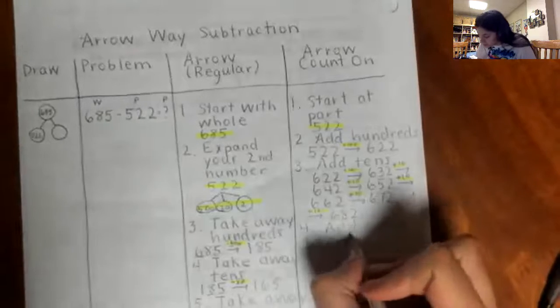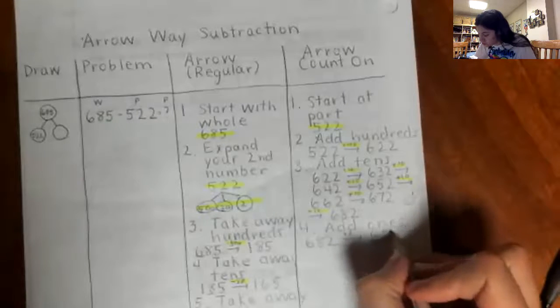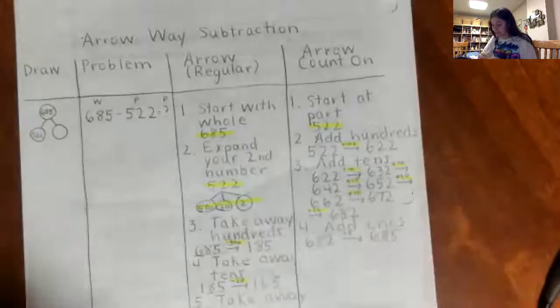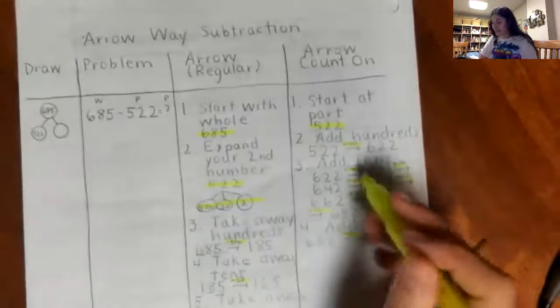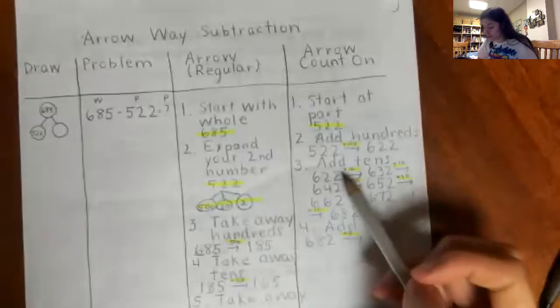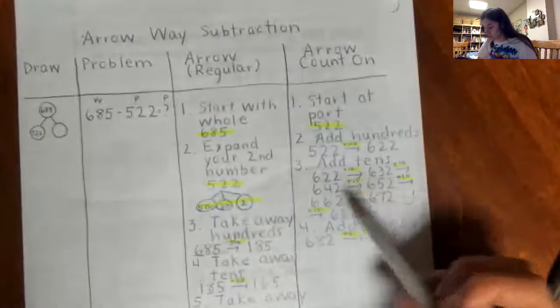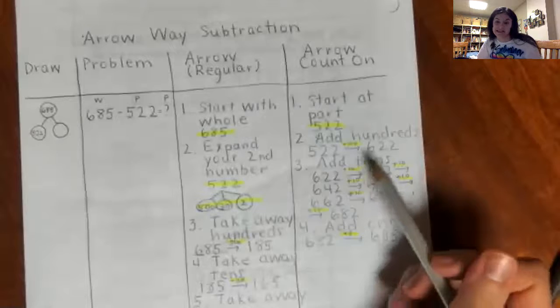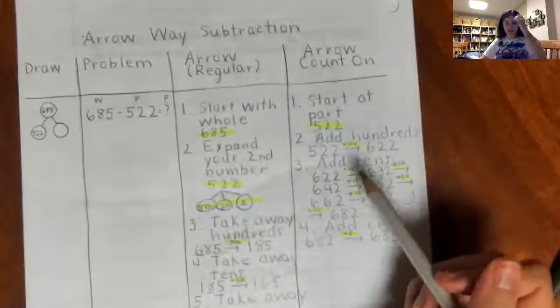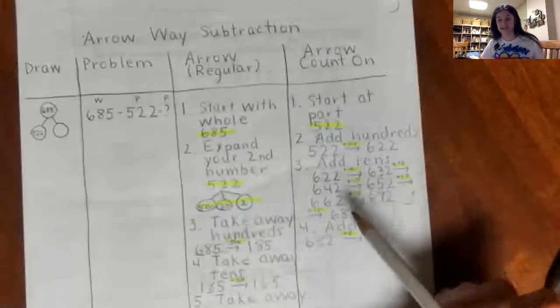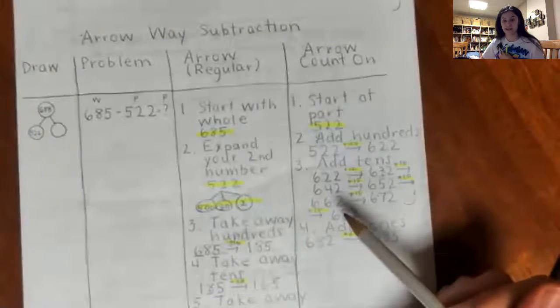All right, I'm just gonna add 3 because I just know that 682 plus 3 is 685, okay? And I could have done that here too. If I can do it in my head, instead of adding 10, 20, 30, 40, 50, 60, I could just add 60, okay? If you're able to do that, do that. If not, just add by tens until you get close enough to that number.